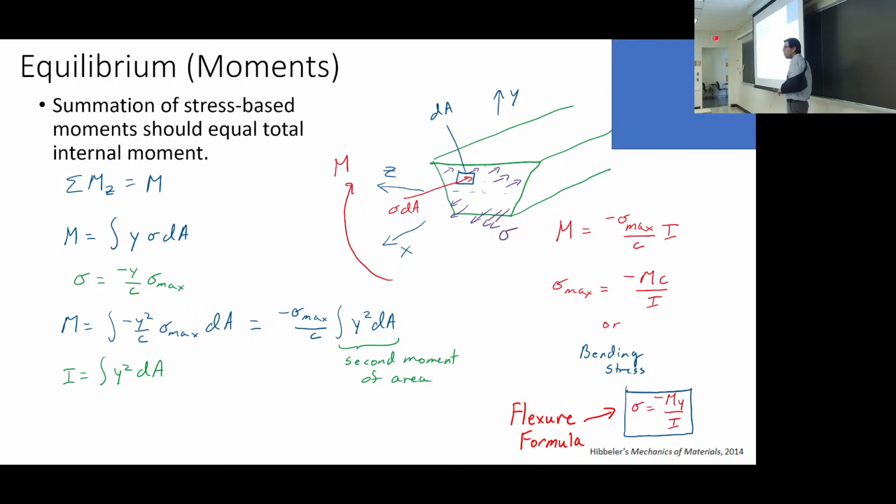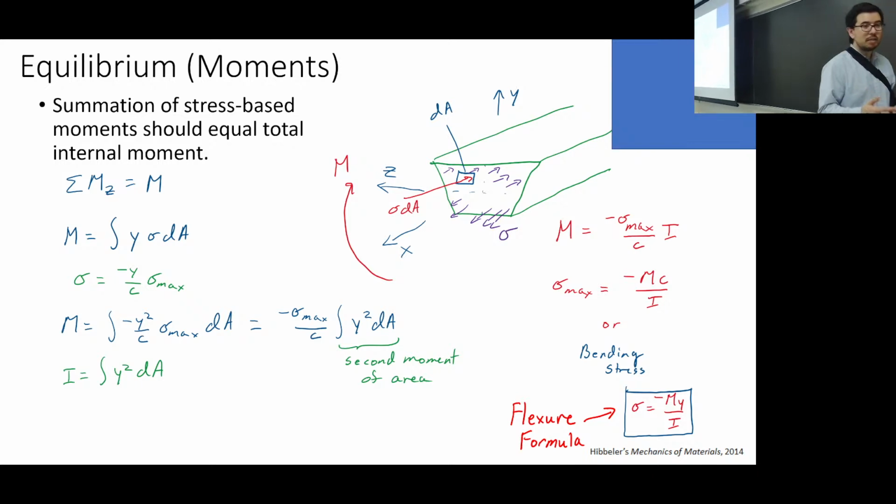So now this is earth-shattering. All this time we've been doing bending moment and shear force diagrams, and finally we know what the stress is based on the bending moment. And so you can make the prediction of whether or not your beam is going to fail.